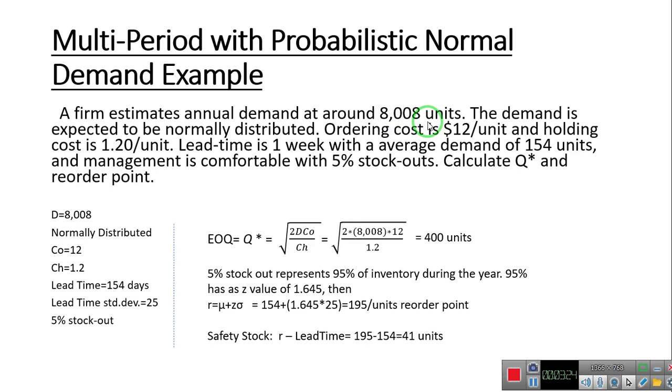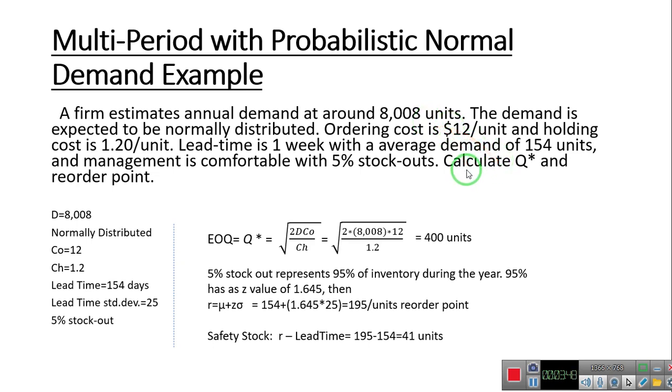Lead time is 1 week with an average demand of 154 units. And management is comfortable with 5% stockout. So throughout the year, they're going to tolerate a 5% chance of stockouts.